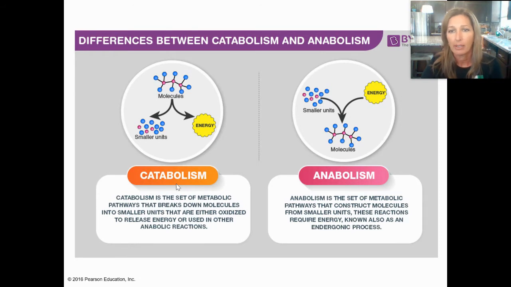Those are our catabolic activities. But we also need to be building things, taking smaller units and building them into larger units. In order to do this, it's an energy requirement.